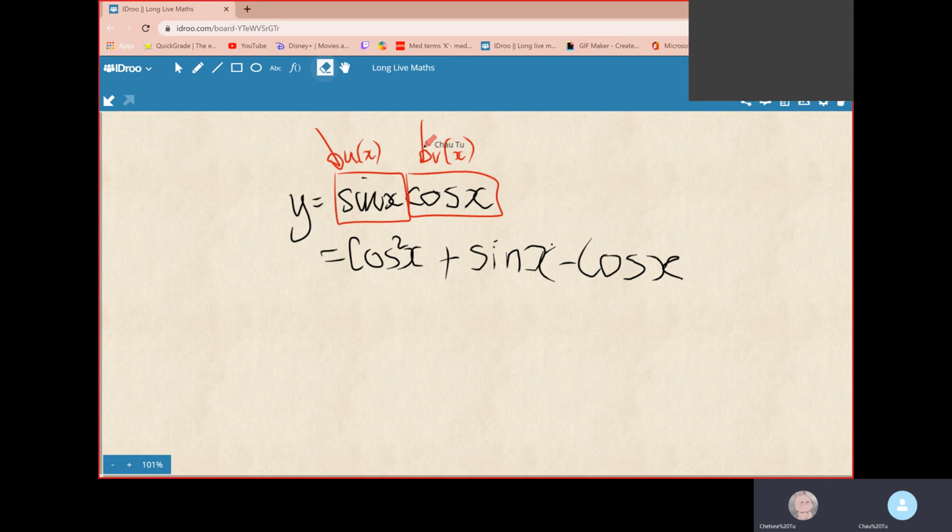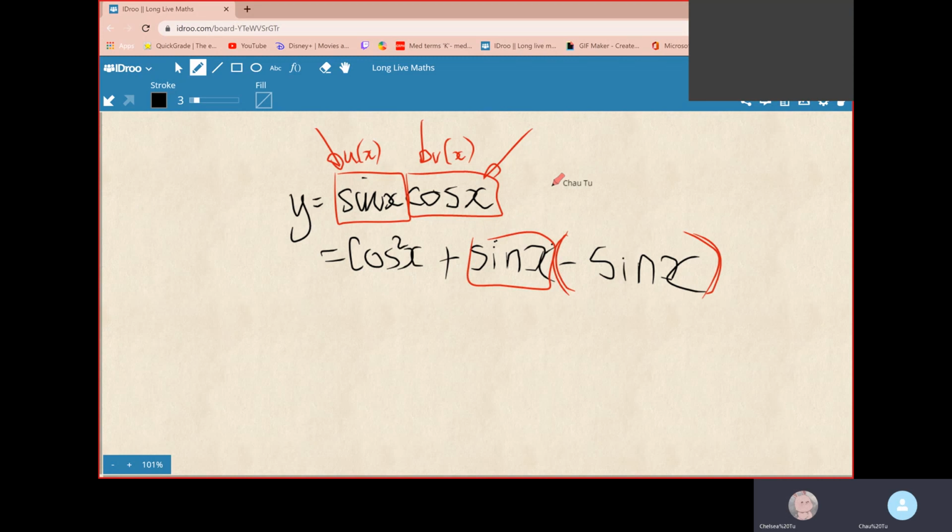Oh shoot, I did that wrong. Minus sine x. Wouldn't that just cancel out? No, you see, you're supposed to times the derivative with the second. That's why you need brackets. Without the brackets, people would think it's something else. Okay, so now what? That looks ugly. So how do we prettify it?